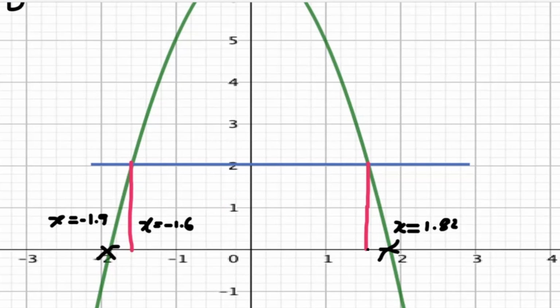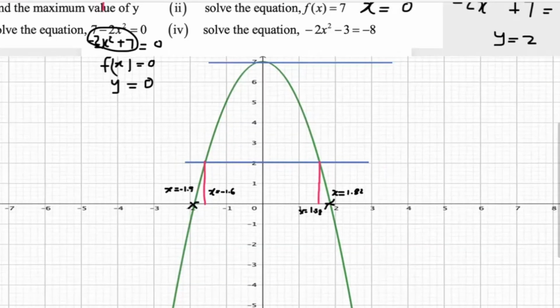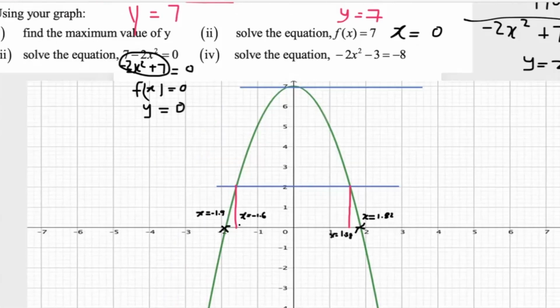While for this is 1.2, 1.4, and it passed 1.5 close to 1.6. So this is going to be x equal 1.58, because it's almost reached 1.6. So here I have my x values when we have y equal 2. And that's how you answer the different parts.